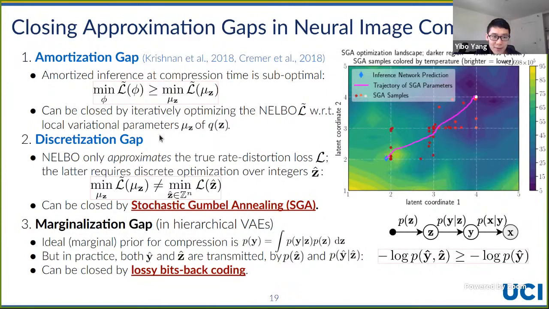But another thing we noticed is that what we want to end up with ultimately is an integer valued encoding, because that's what we need for lossless compression. So rather than settling on some continuous value and rounding it later, we want to arrive at a value that's ultimately the best integer valued encoding. So we propose this algorithm called stochastic Gumbel annealing that essentially does both.